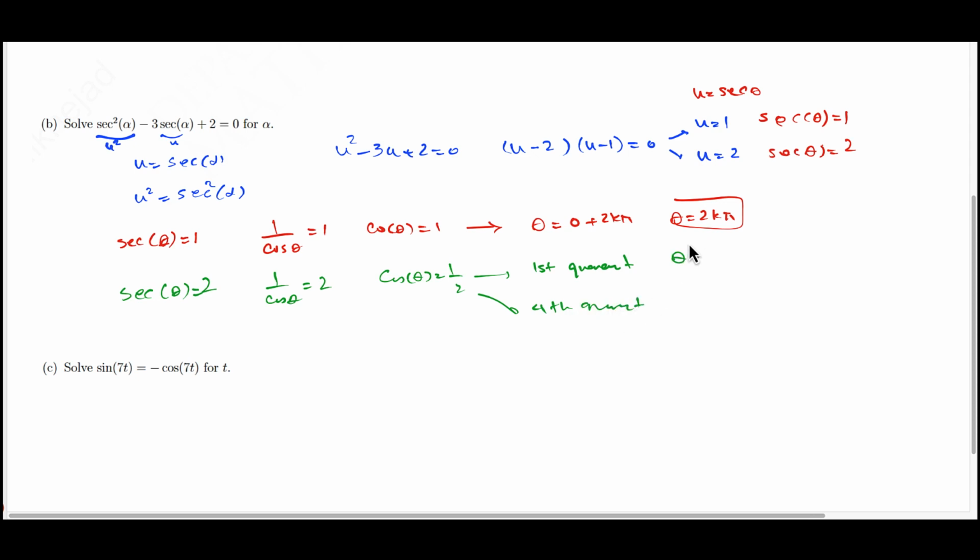In the first quadrant, cosine of theta is equal to 1/2 at pi third. In the fourth quadrant, if you look at your unit circle, you see that 5 pi third is the answer. And this is the solution to that one.